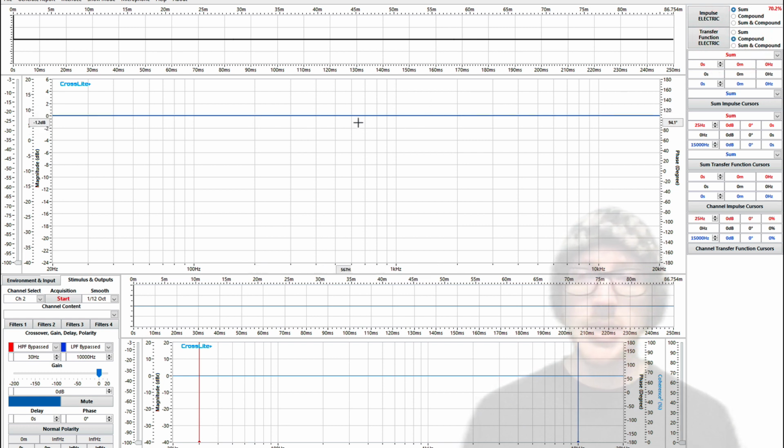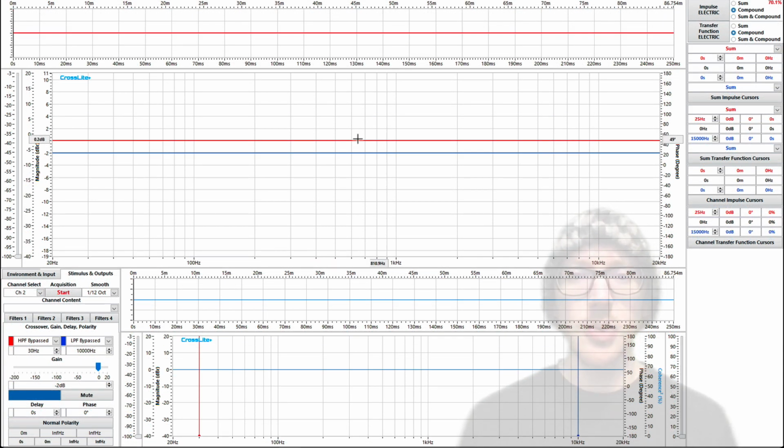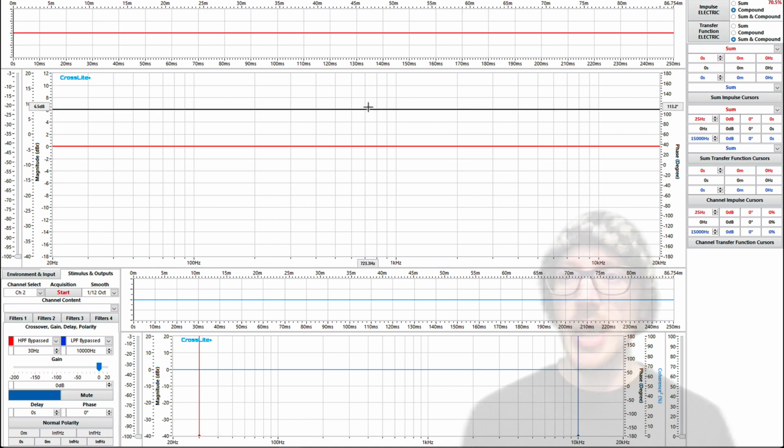Blue is on top of red, so we can't really see anything. So let's turn one of them down a couple of dB. Now we can see both of them. So we've got our channel 1 and our channel 2, red and blue. And if I remove that attenuation, now they're on top of each other. If we sum them together in black, we see we get 6 dB of summation. 0 plus 0 equals 6. That's what we expected. Great.